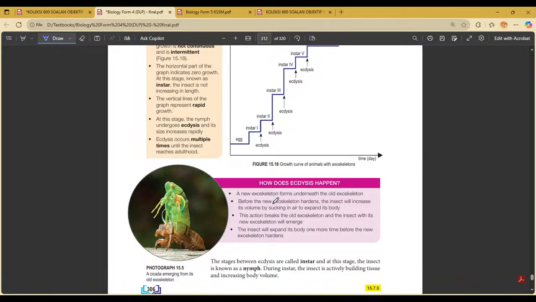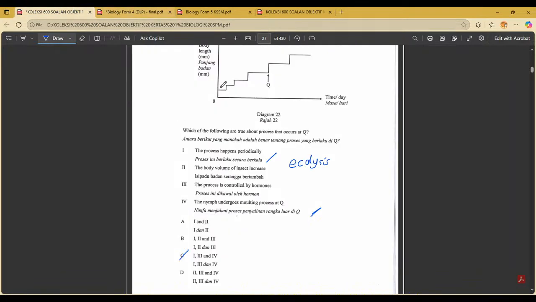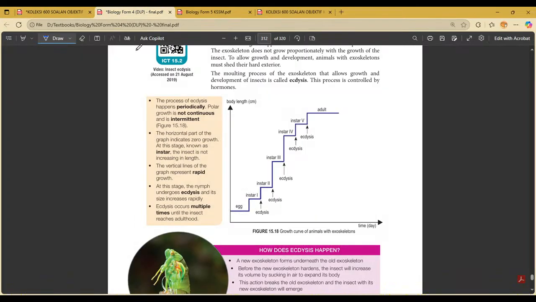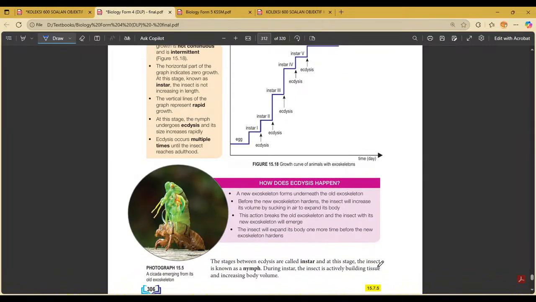Before the new exoskeleton hardens, the insect will increase its volume by sucking air, breaks the old exoskeleton, new exoskeleton will emerge, the insect will expand its body one more time before the new exoskeleton hardens. Wait, does it or does it not? Happens periodically, and yet it does undergo molting process.